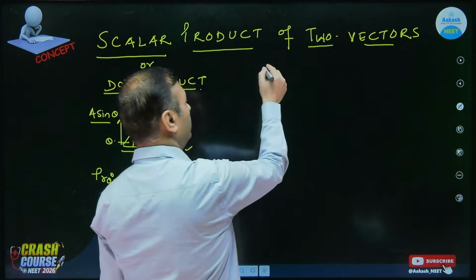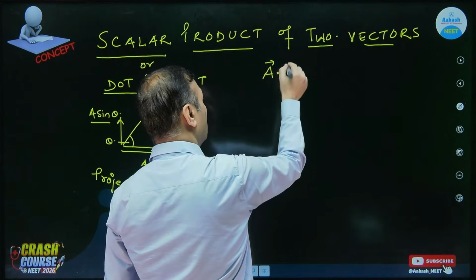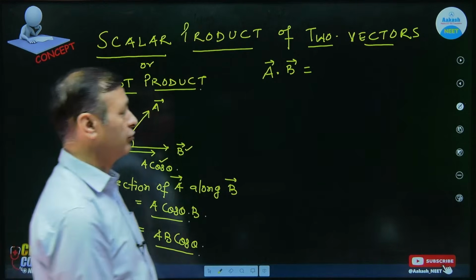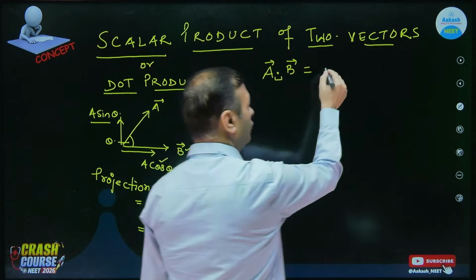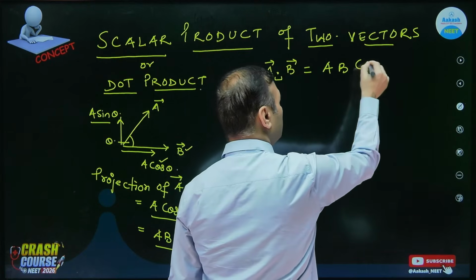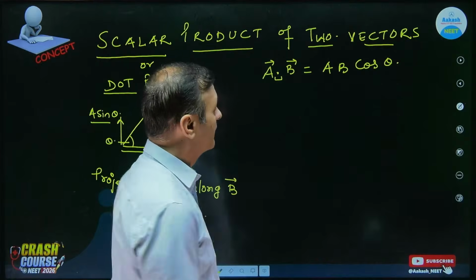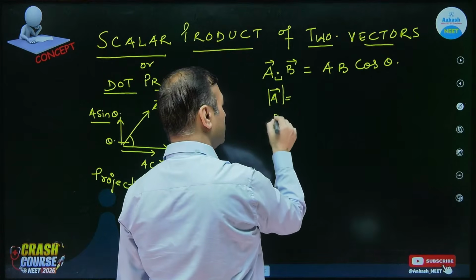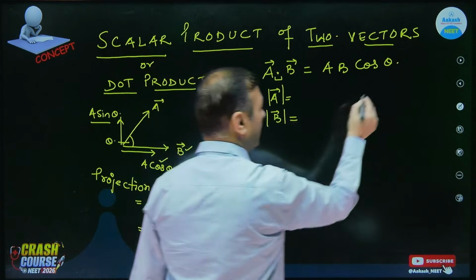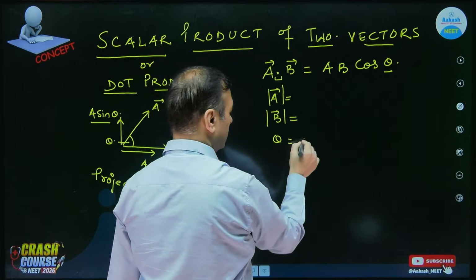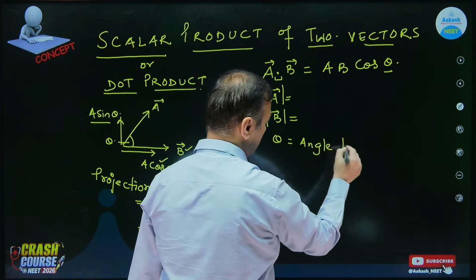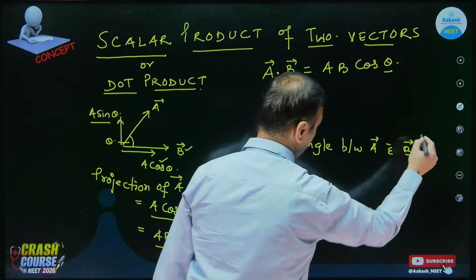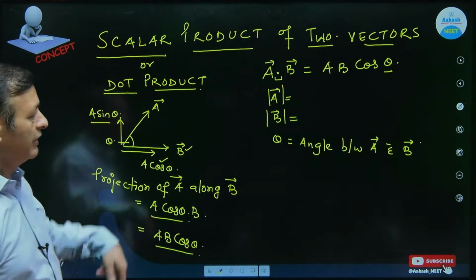And this is what you define as A dot B, the dot product or the scalar product. We put it like this, AB cos theta, where A is the magnitude of A, B is the magnitude of B, and theta is your angle between A and B. So this is the physical meaning of your dot product.